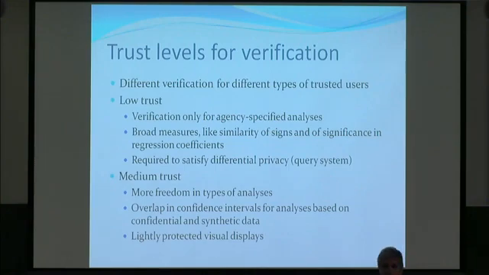So maybe regressions or means or things like this. And they would only get broad measures that could be done with differential privacy. For example, the sign of the regression coefficient, or statistical significance, or some kind of plot of residuals. I'm going to talk about all those. And because it's a query system where people are asking over and over, we really want to think about a differentially private solution. Okay, so that's low trust.